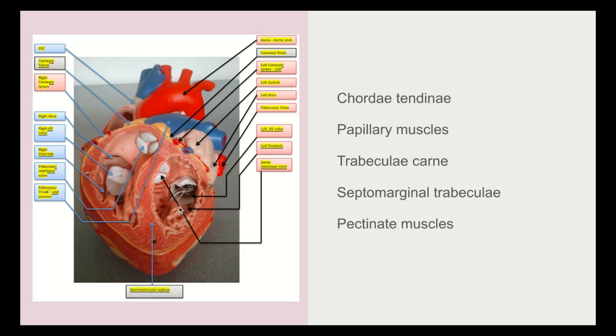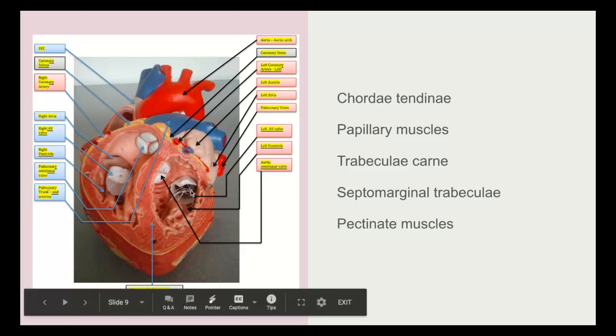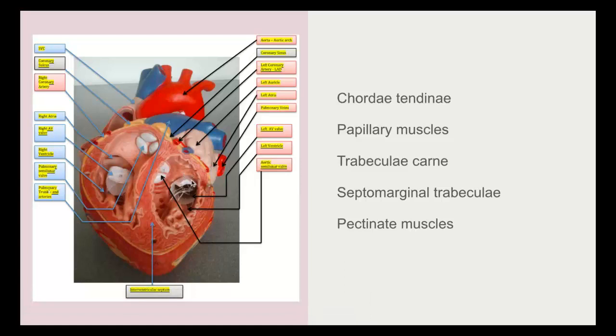And they're actually running down to the papillary muscles, which is our next term. So the papillary muscle, if you can kind of see it here, it's like this rounded, almost nipple-like projection. So those papillary muscles are actually going to be functioning to pull down on those chordae tendineae, which are attached to the cusps, and then that will either act to open or close the valve based on the contraction here.